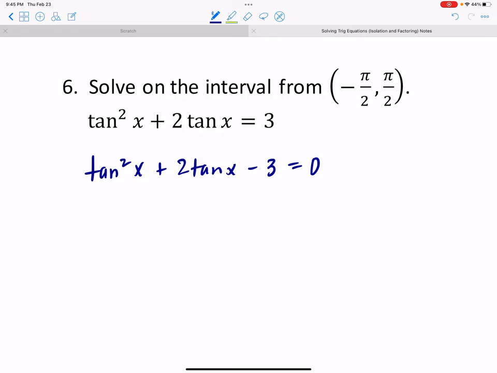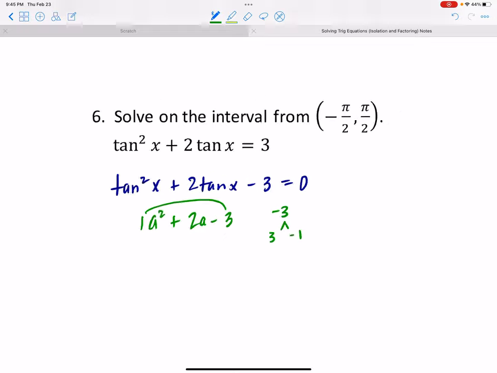Now, if you can factor straight from that form, awesome. If you need to rewrite this, look at it in terms of a quadratic: instead of tangent, a; squared, a squared; 2 tangent, 2a; and then minus 3. Then our factors of negative 3 that make positive 2 would be 3 and negative 1.